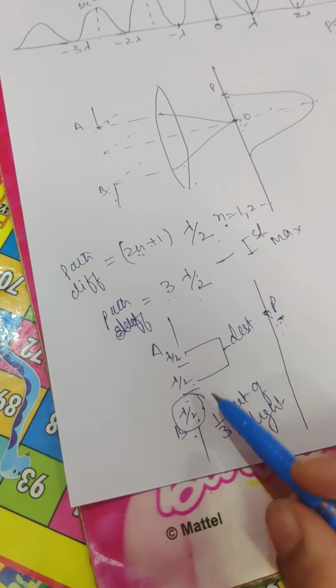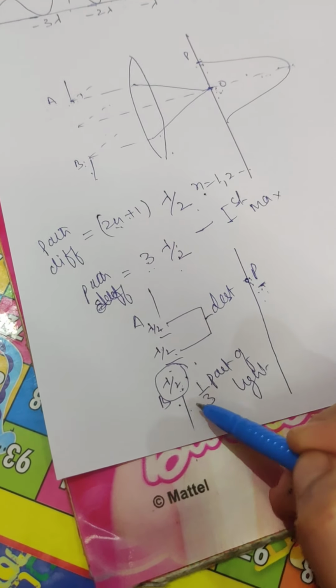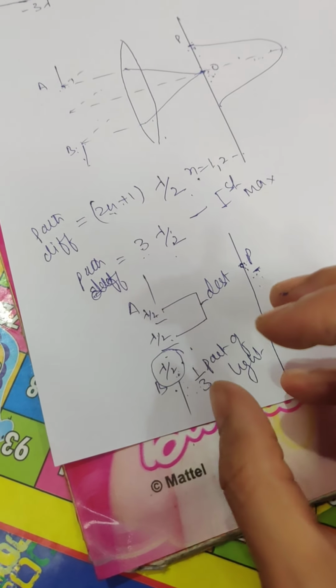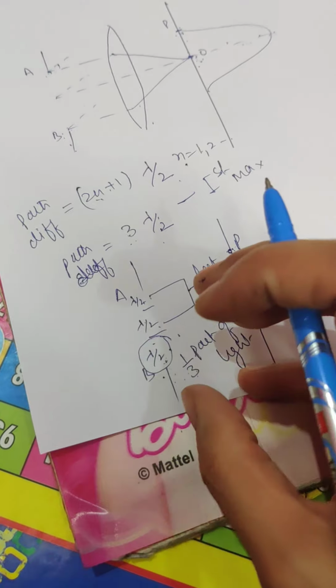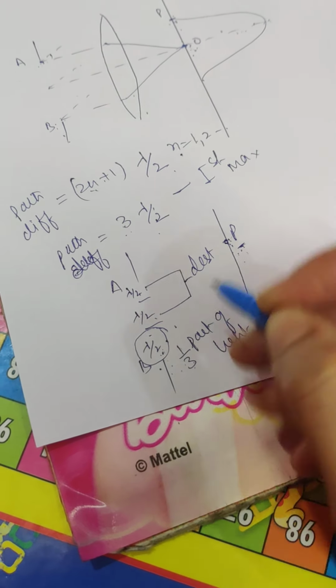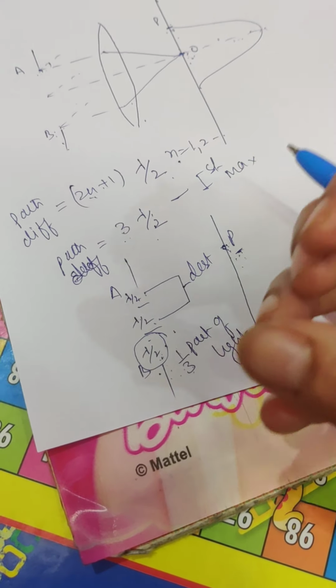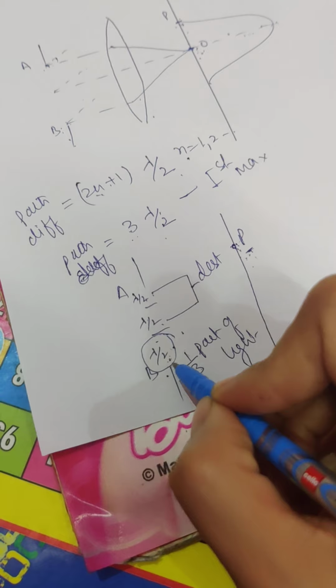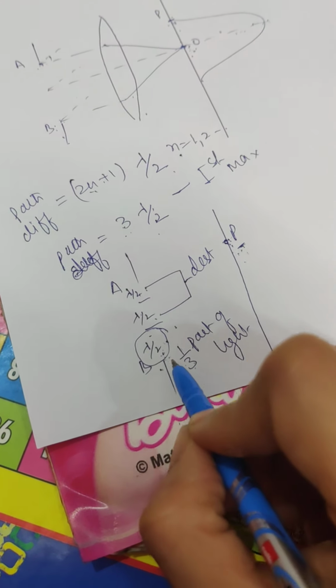Okay beta, now see here, in this case only 1/3 part of the light is utilized, which is coming from this third portion of the slit.